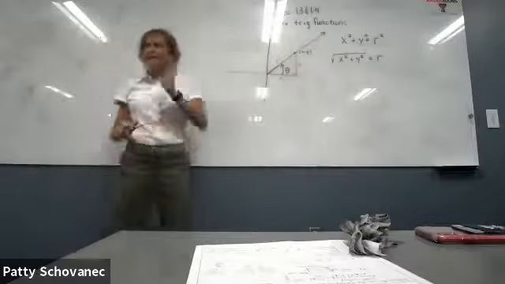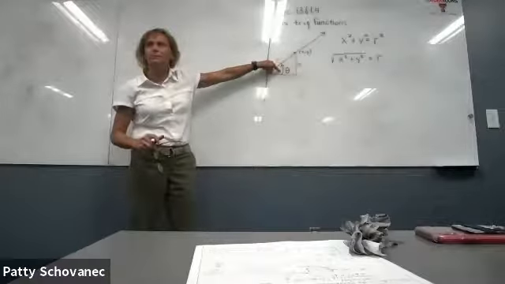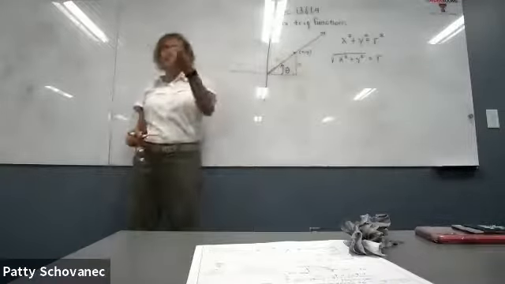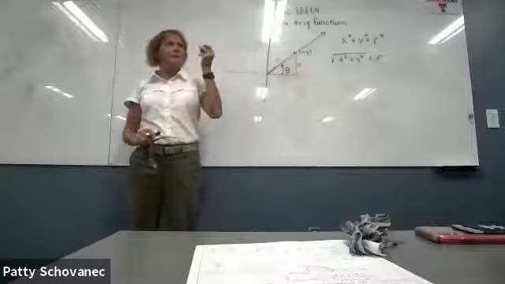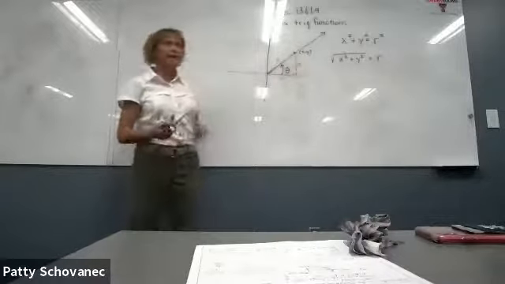We define 6 trig functions as functions of the size of this angle. They're going to be the sine, cosine, tangent, secant, cosecant, and cotangent, all as functions of that angle.